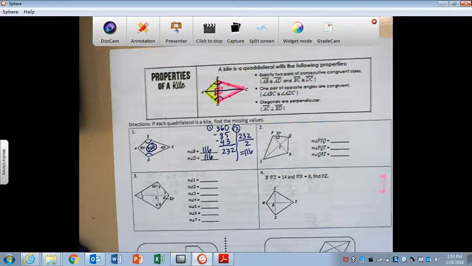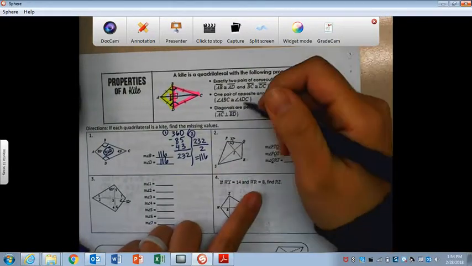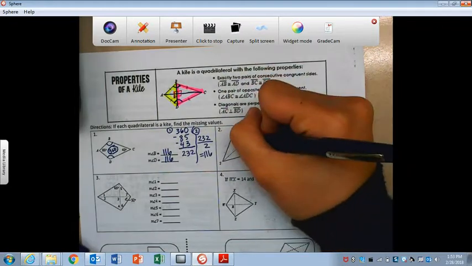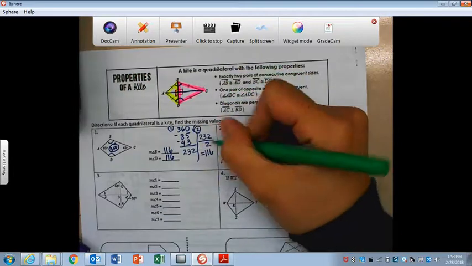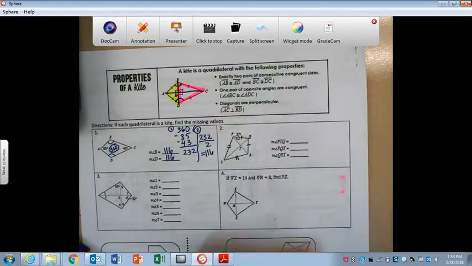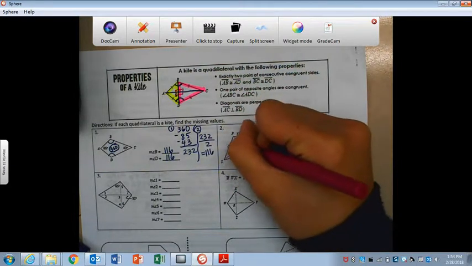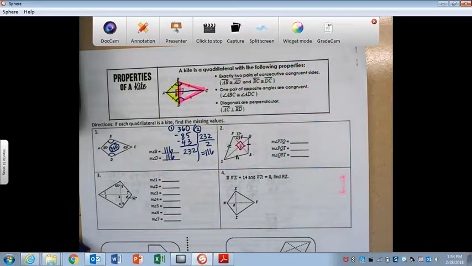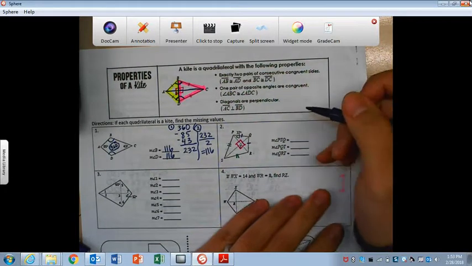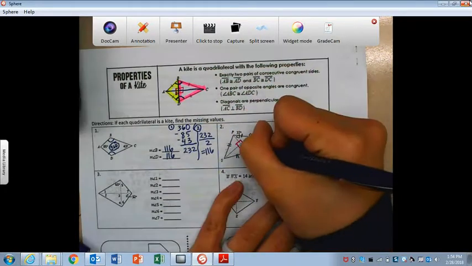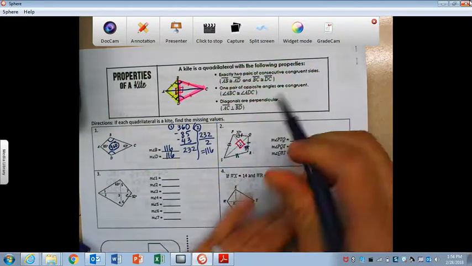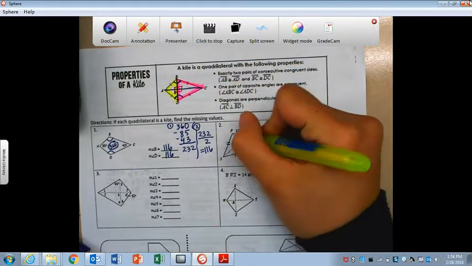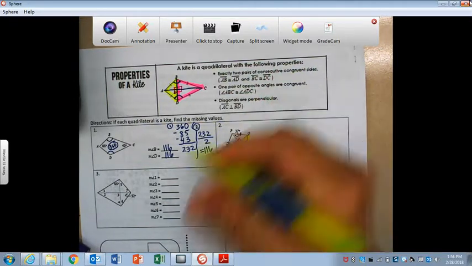All right? So now for number 2, you have to remember that these are two different isosceles triangles. And again, mark up the perpendicular lines. So if this is 37, this is also 37. I'm going to take one of these triangles and pull it out so that you can see what I'm talking about.